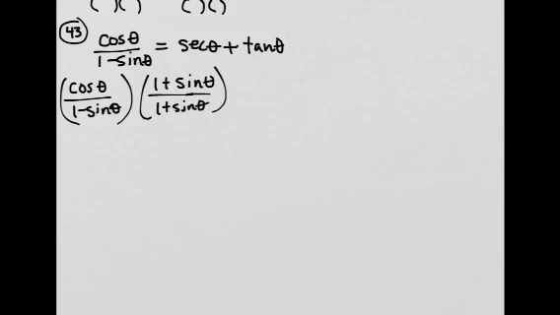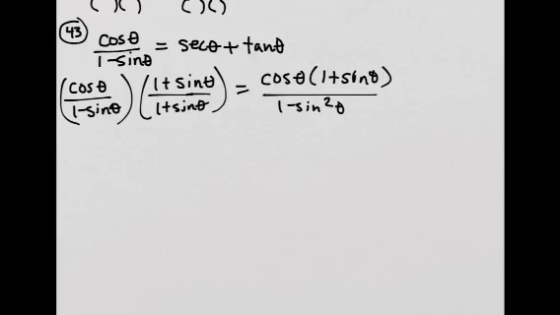I'll leave the numerator factored out for now, sine theta, and the denominator becomes 1 minus sine squared theta. And you know that 1 minus sine squared theta equals cosine squared theta.